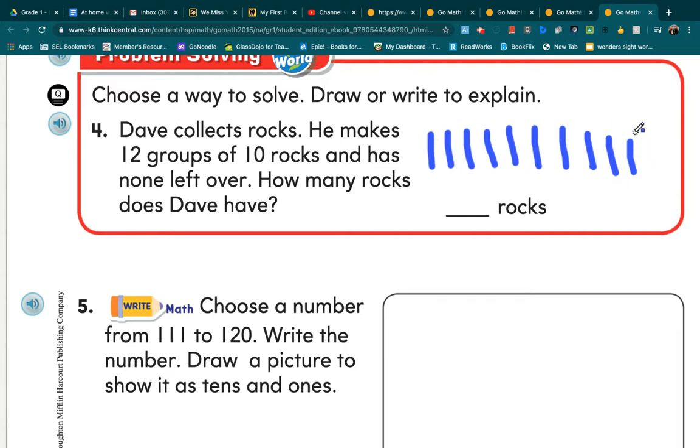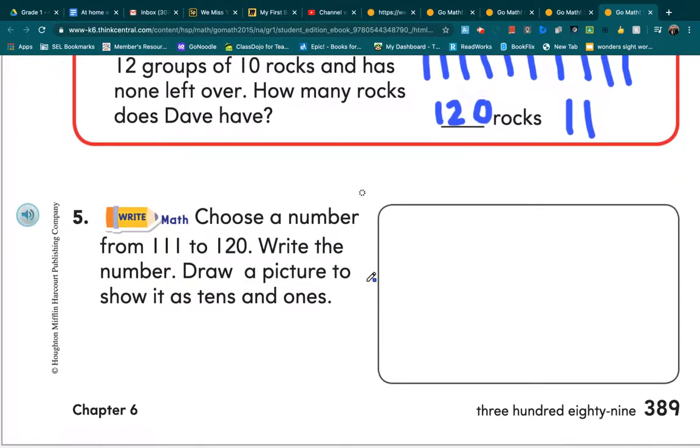So I have 100, 110, 120. Now, does Dave have any left over? Well, it says 12 groups of 10 and none left over, so there are no ones. So our answer is Dave has 120 rocks.